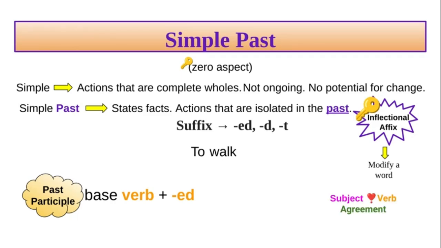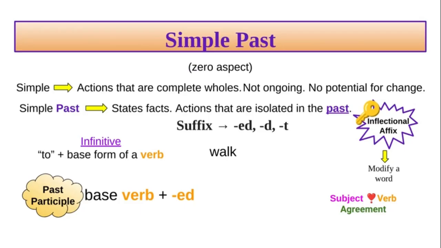Here we have an infinitive, to walk. The infinitive is simply the word to plus the base form of a verb. To conjugate this regular verb, we're just going to drop the to. Here we have the base form of our verb.